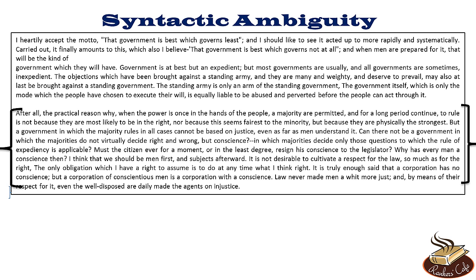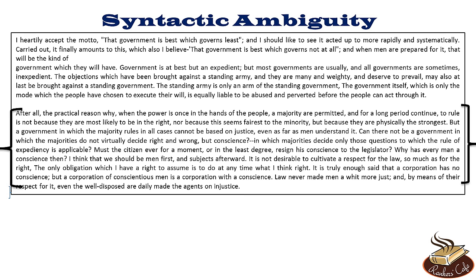After all, the practical reason why, when the power is once in the hands of the people, a majority are permitted and for a long period continue to rule is not because they are most likely to be in the right, nor because this seems fairest to the minority, but because they are physically the strongest.